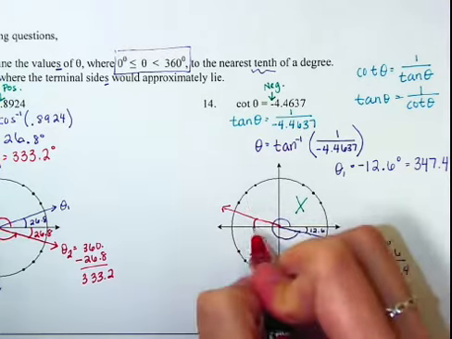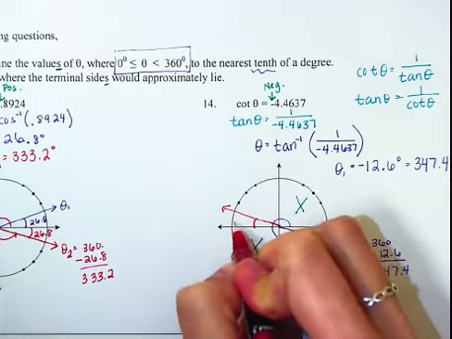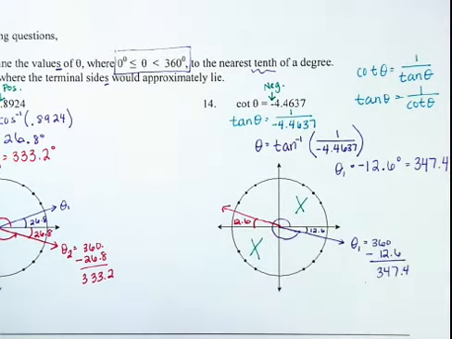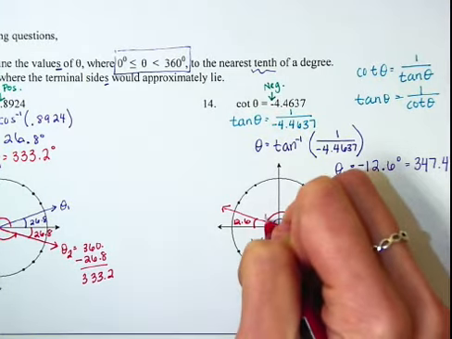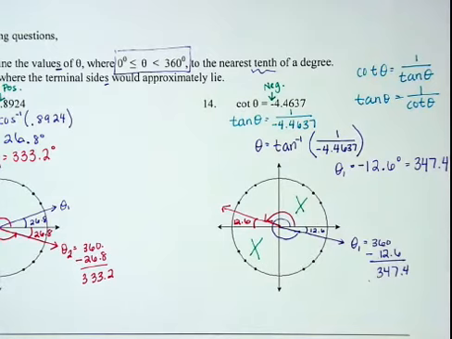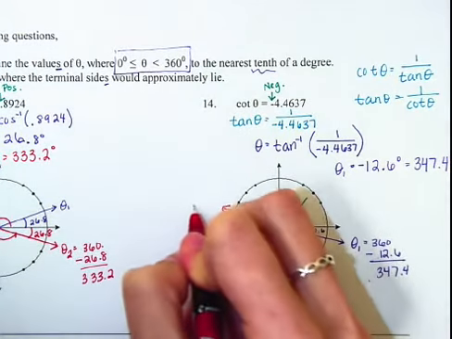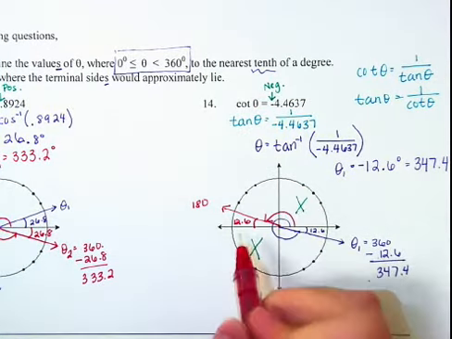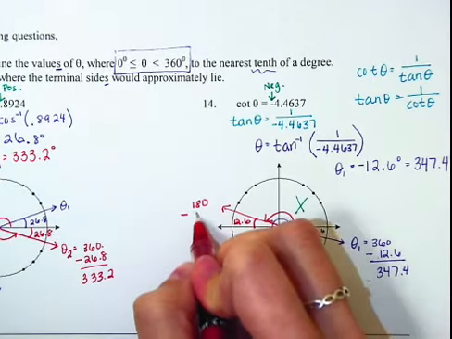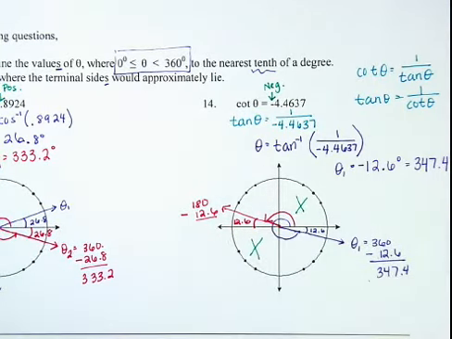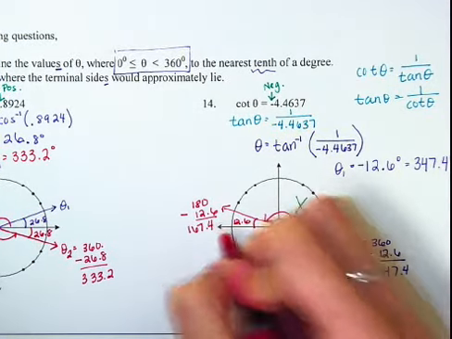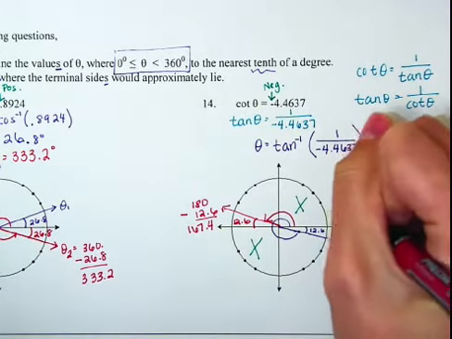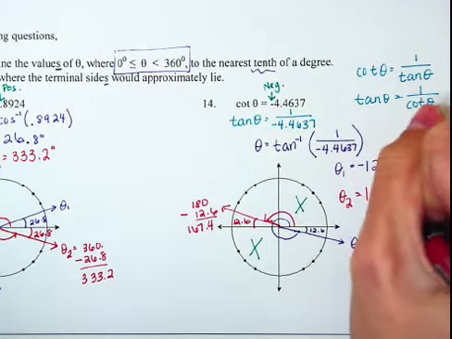My reference angle from the x-axis to my terminal side is again 12.6. It's almost to the 180, but not quite. It's less than 180 by 12.6. So 180 minus 12.6 gives me an angle of 167.4. So my theta 2 is 167.4 degrees.